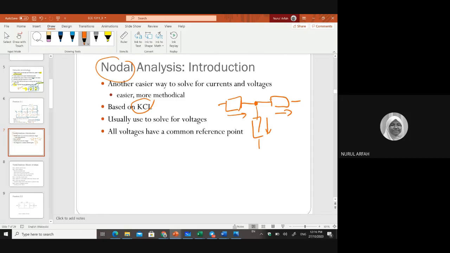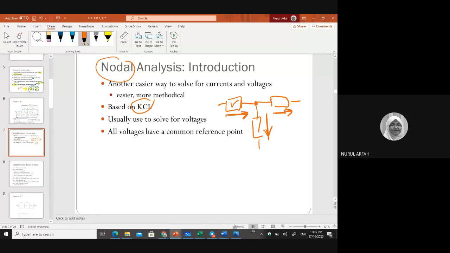In my class, I always draw a horizontal element like this, with the current flowing from left to right. For vertical, I have everything going downward. So you should know that only in my class it will be like this.